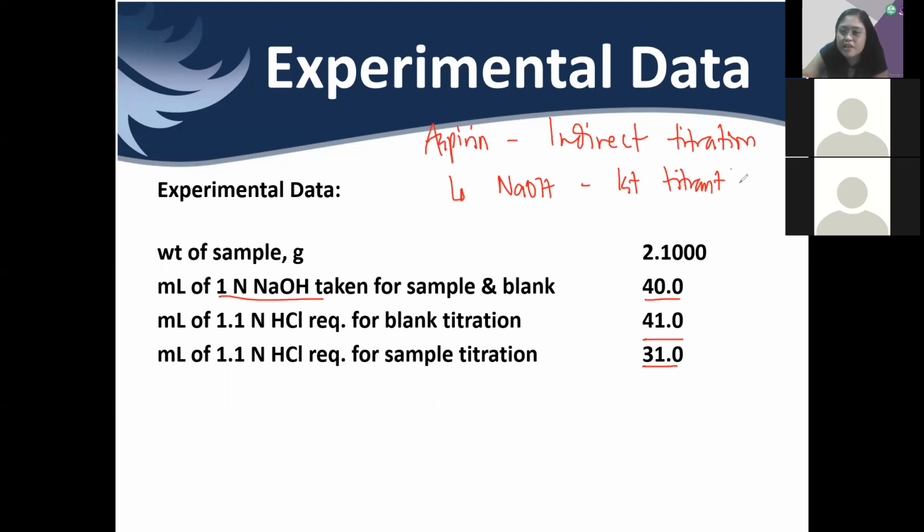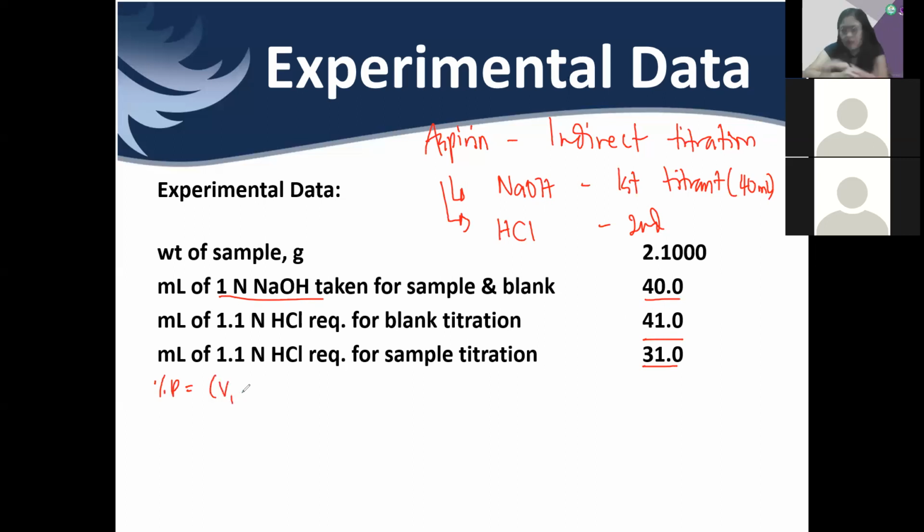In this case, the first titrant added was 40 mL. And afterwards, you have the second titrant, and that is the hydrochloric acid. Again, supposedly this is an indirect titration. However, a blank titration was done for aspirin.